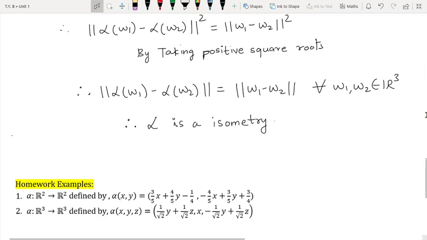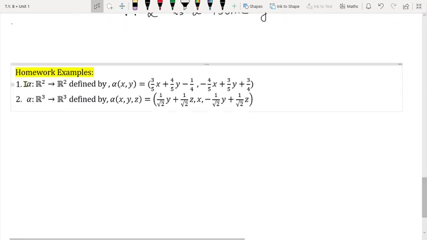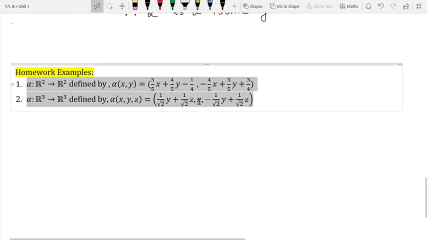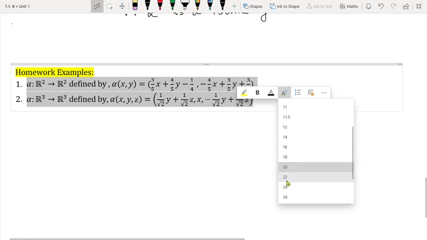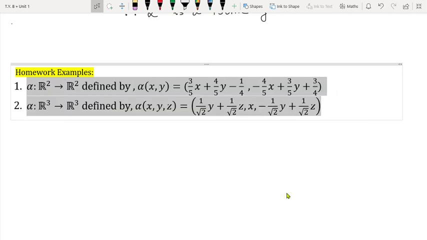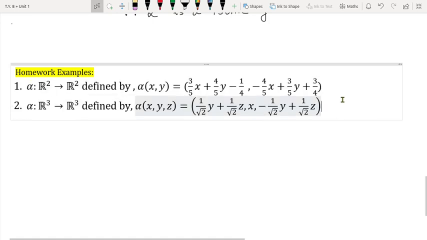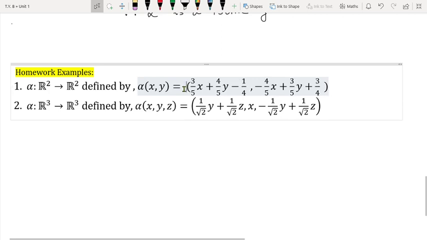Now these two examples I leave to you as homework. The examples are not challenging, but they are a little lengthy, and you should be very careful while solving them. There is a small trick that you should understand, and once you understand it you will easily be able to do them.